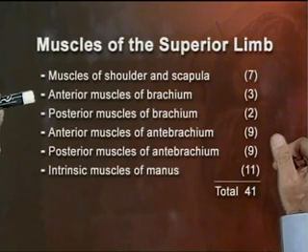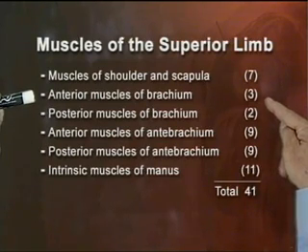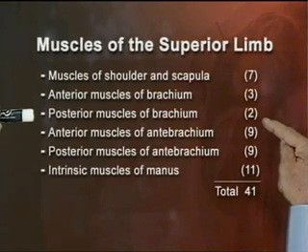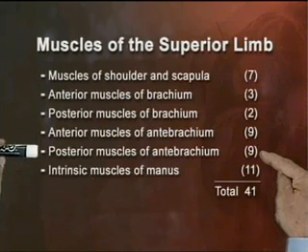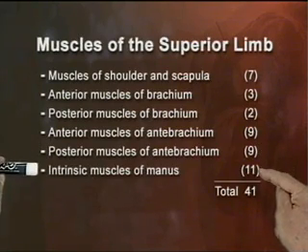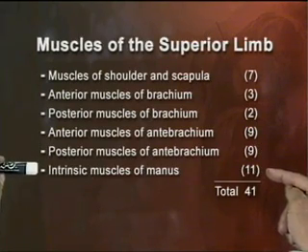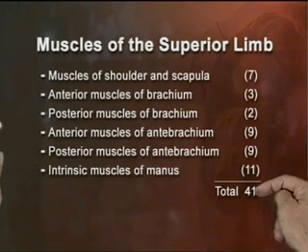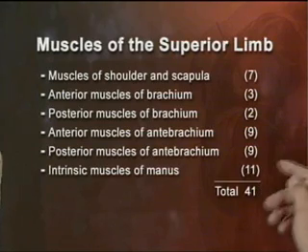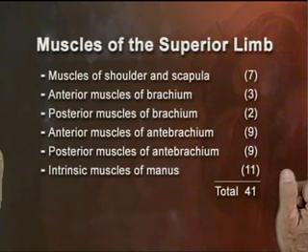Anterior muscles of the brachium, there's actually 3: biceps brachii, brachialis, those sorts of muscles. Posterior muscles of the brachium, there's only 2. Then anterior muscles of the antebrachium, 9. Posterior muscles of the antebrachium, 9. Intrinsic muscles of the hand, I mentioned before, 11. There are 41 individual muscles in the free part of each superior limb.